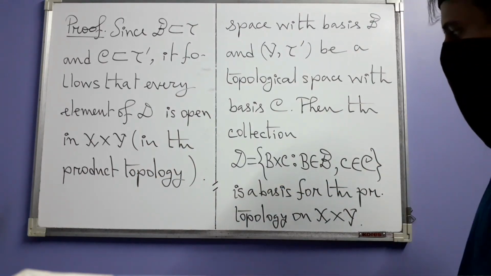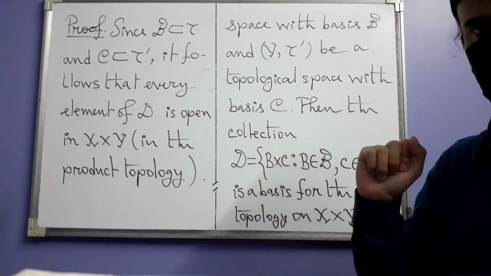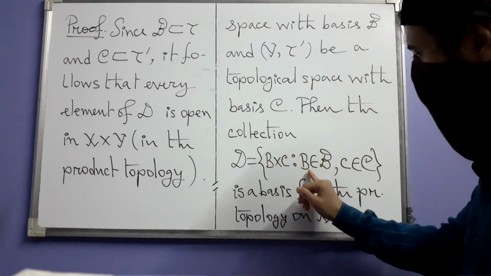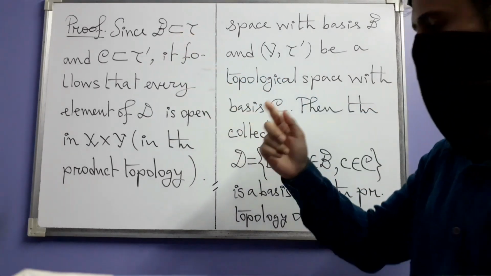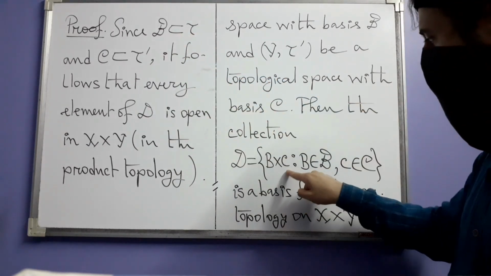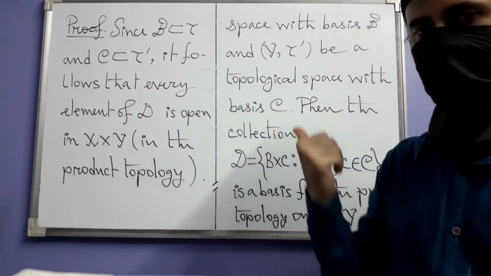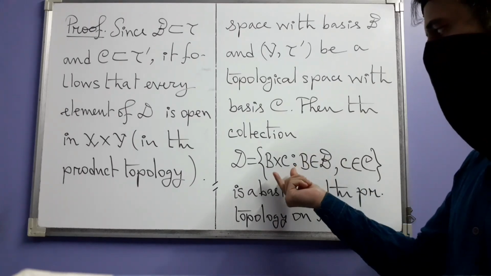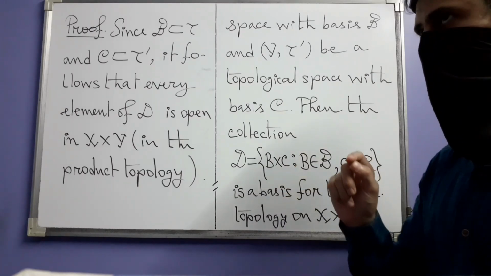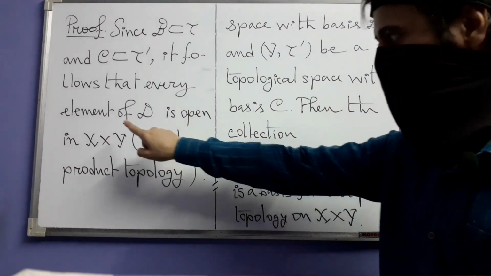Why? The elements in D look like B times C. Now B belongs to tau, and C belongs to tau prime, and that is why B times C is a basis element in the product topology on X times Y.